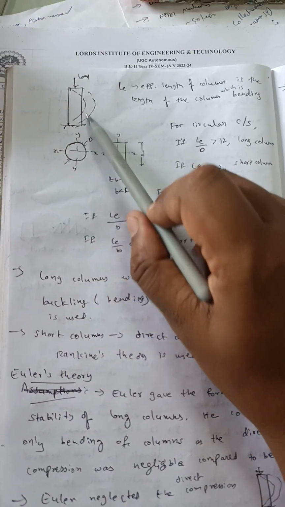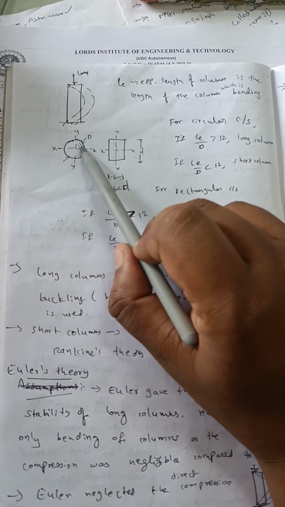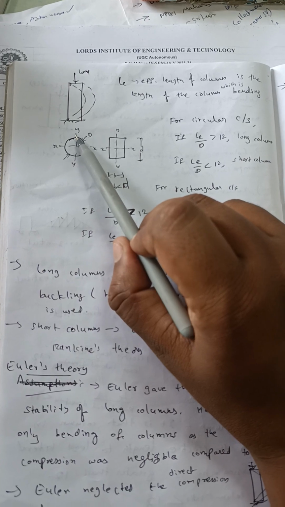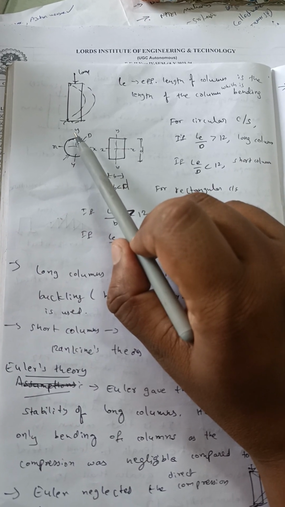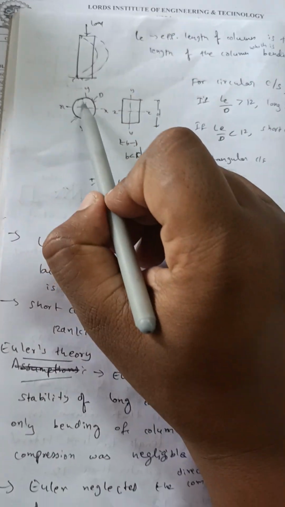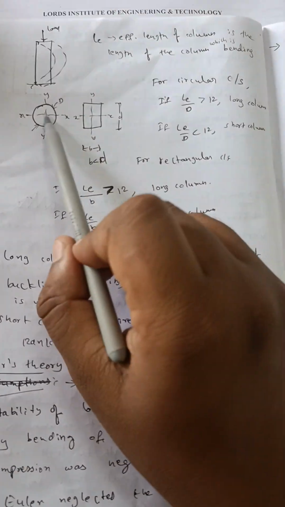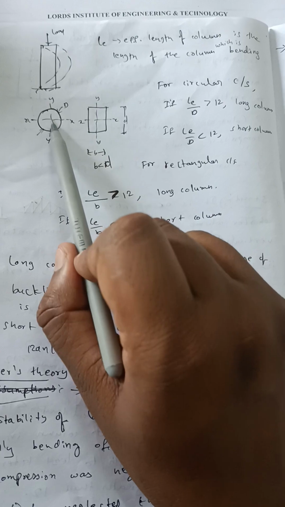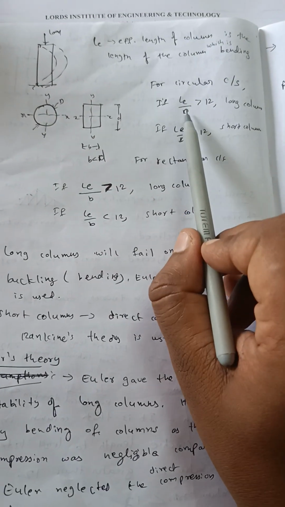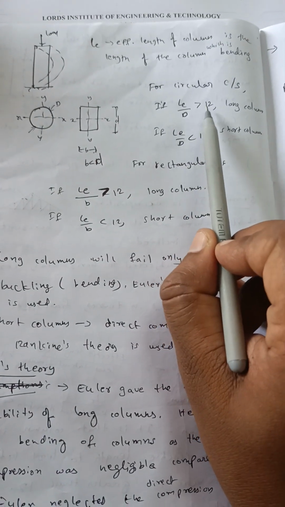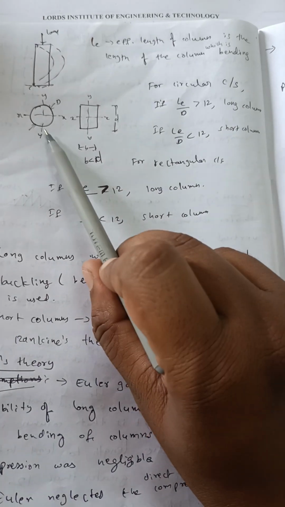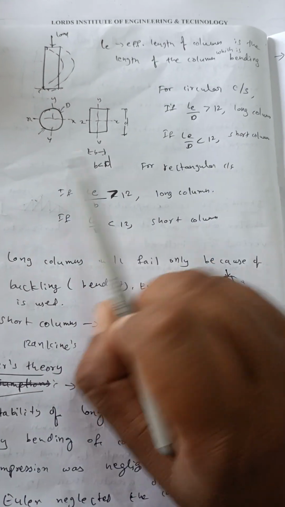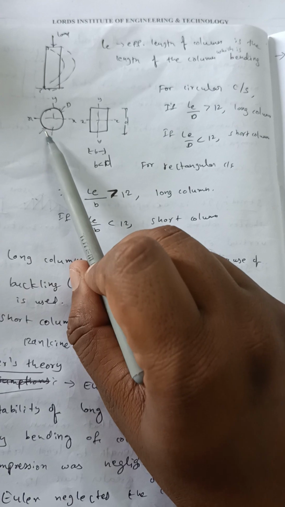First for the circular cross section column, what is the least lateral dimension? There is only one dimension here, that is diameter. So we write LE by D. If LE by D is greater than 12, then it is a long column. If LE by D is less than 12, it is a short column.